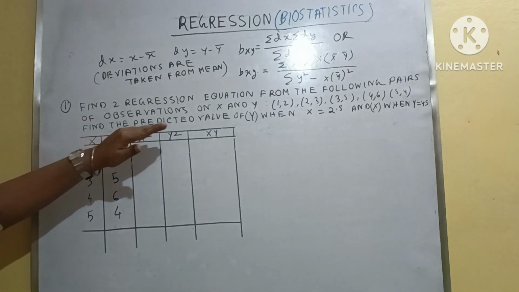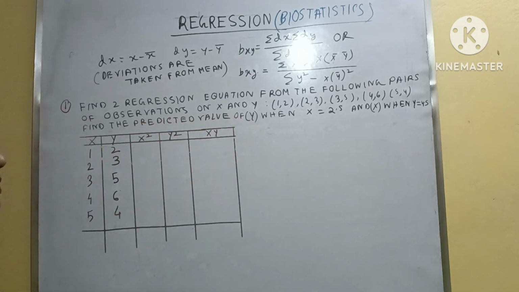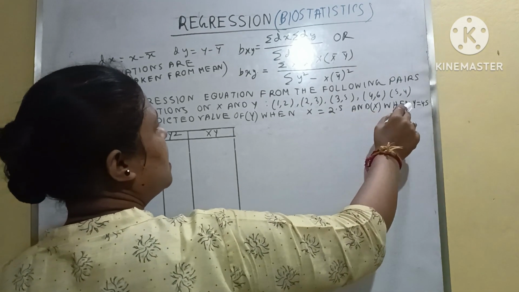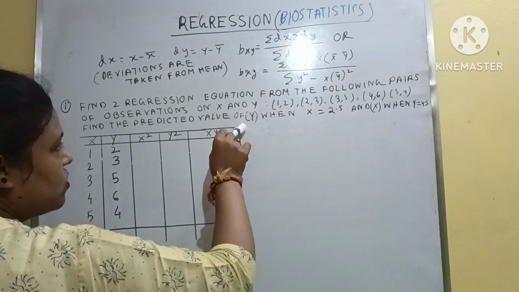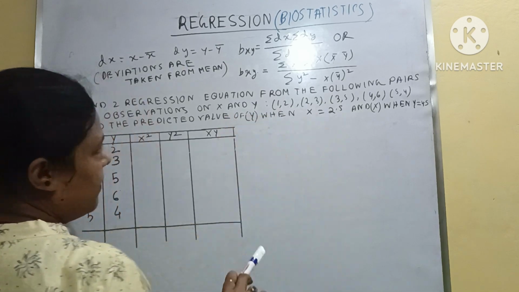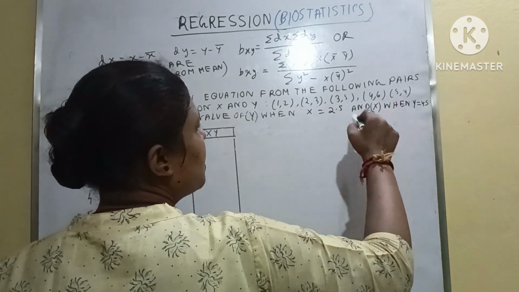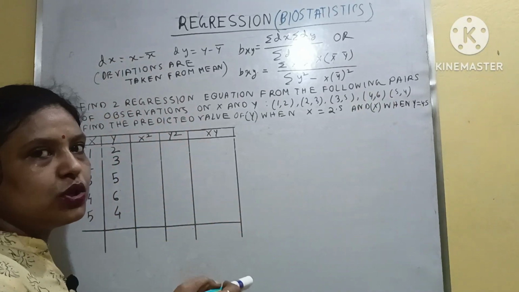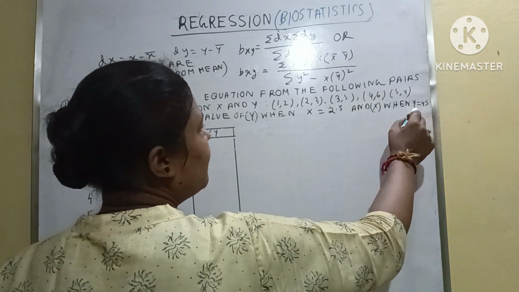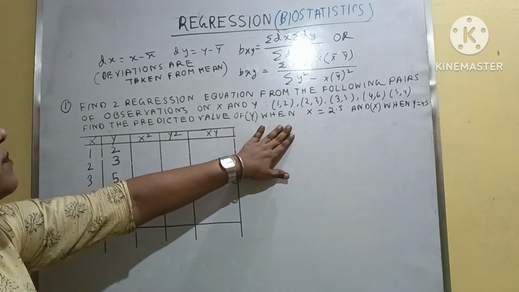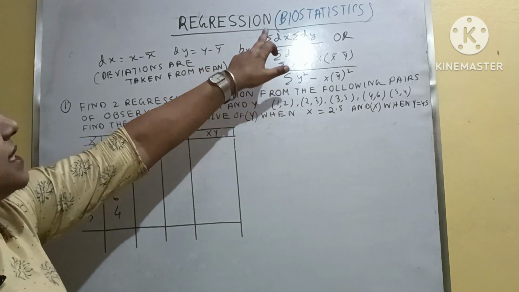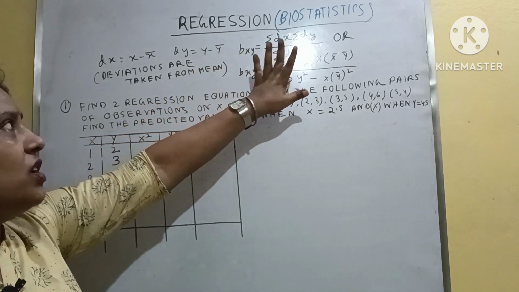And find the predicted value of y when x equals 2.5, and obviously, find the x value when the y value is 4.5. This is the problem. Before going to this problem, you have to memorize this formula obviously.